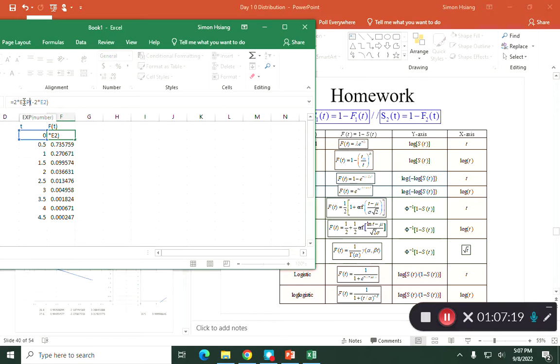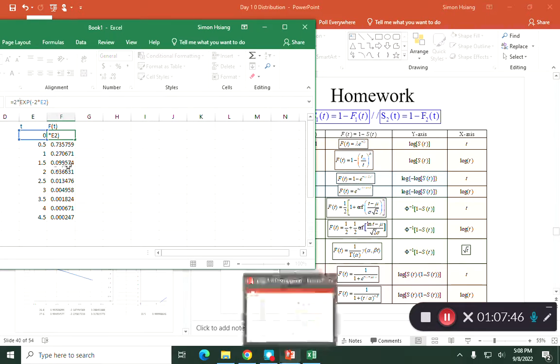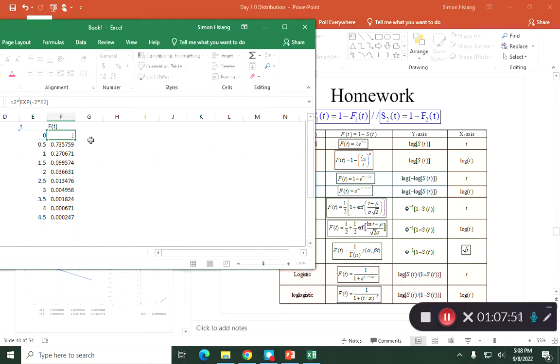Exponential, lambda equal to 2, exponential negative. What did I do wrong?